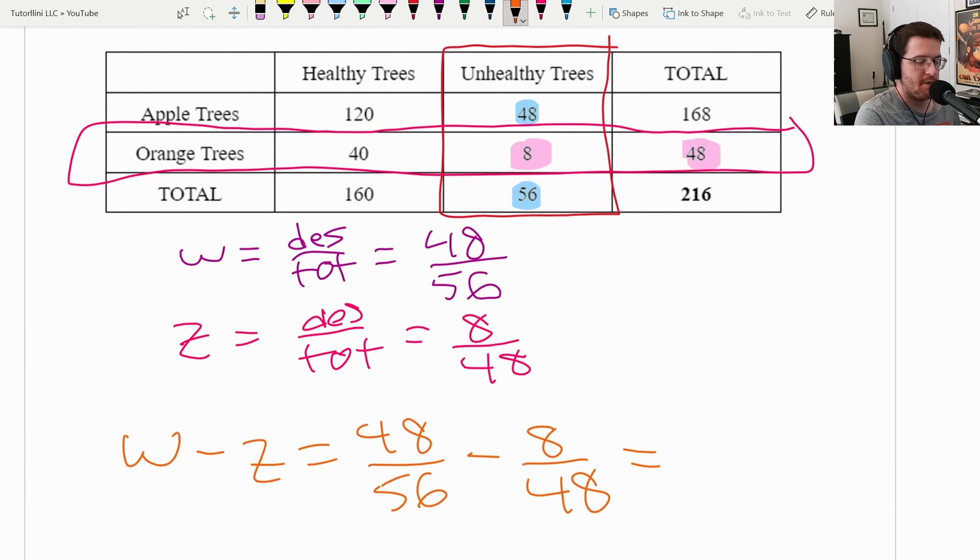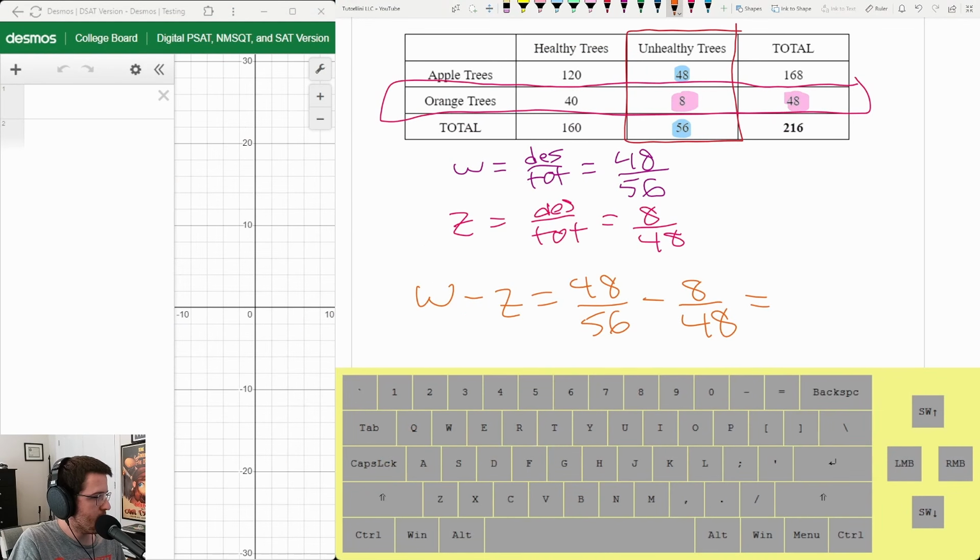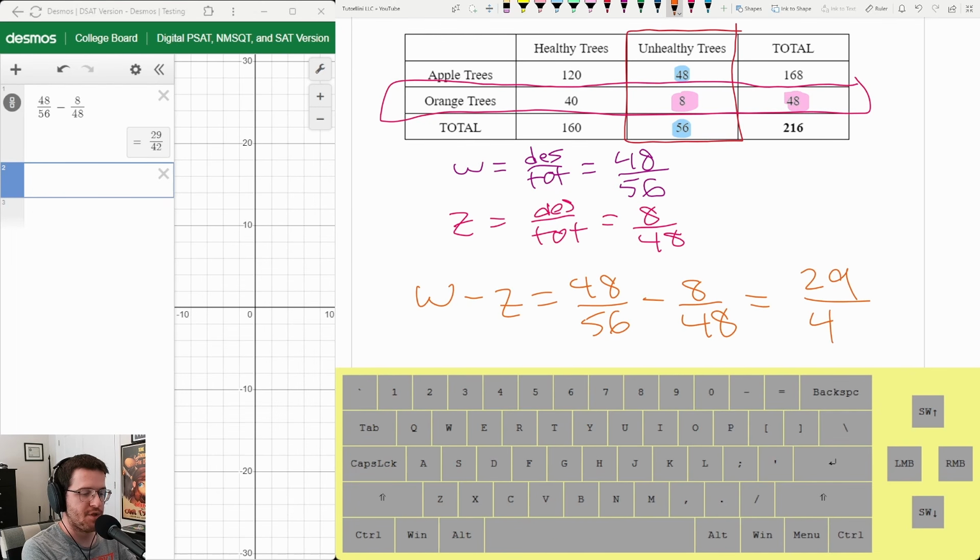And let's see here, why don't we just show that on Desmos, just because that's really helpful. 48 over 56, tab, minus 8 over 48. Messy decimal, so I'm going to see if the fraction will fit in the Blue Book app. And that is 5 characters or less for a positive number, so that will fit in the Blue Book app. So the answer to question 1 is 29 over 42.